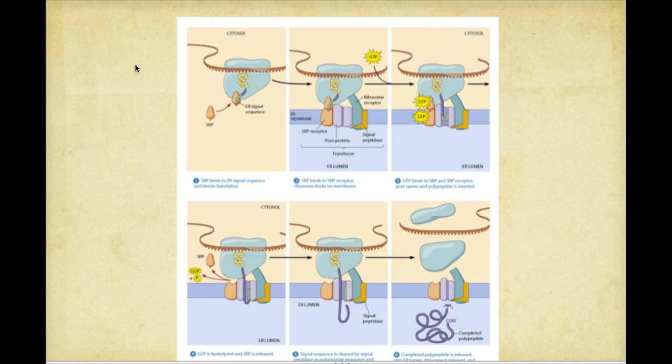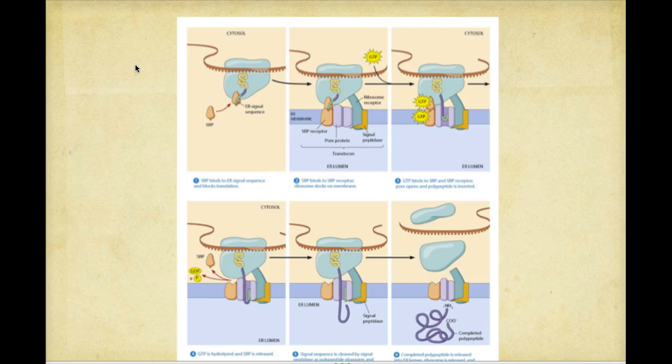The SRP will bind to the ER signal sequence, and then if you move over to the next diagram, you'll see that it's the SRP that then carries this ribosome-mRNA apparatus over to the ER membrane. The SRP binds to its own receptor in the membrane, in that structure we call the translocon. It also guides the ribosome in to bind to its receptor.